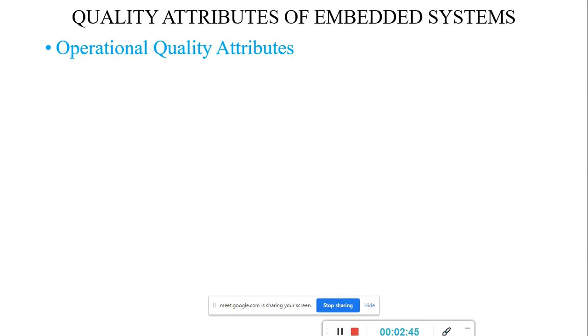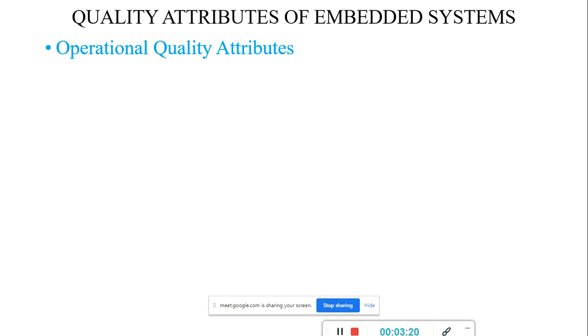Non-functional aspects are those where I'm not giving the job to the processor, but ask whether it is a handy device, or whether the embedded system will give me longer durability.